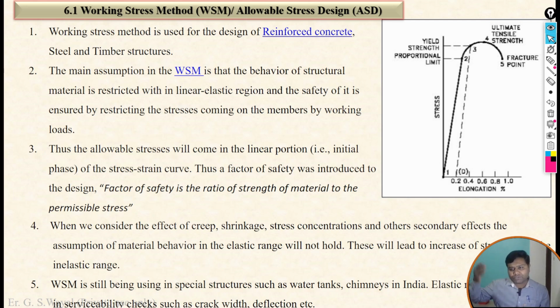So that's why the stresses are produced in an elastic range. Okay, but still in some structures we are using the working stress method, like water tanks and chimneys. Okay, in India generally we are using the working stress method to design water tanks, chimneys, and all other structures also, that we will discuss one by one. So again we are using the working stress method for the design of such type of member.